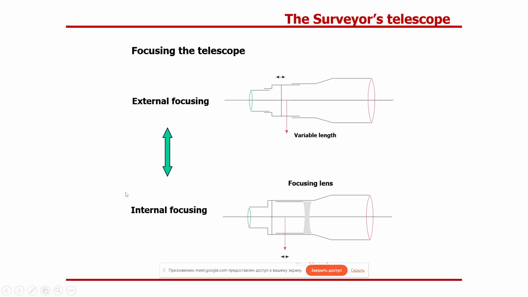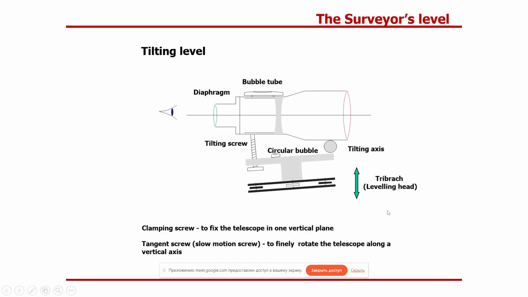Nowadays, most of all, we use telescope tubes with internal focusing. That means that a special lens is moving inside the tube and changes the focusing.